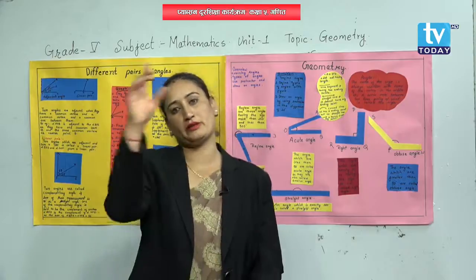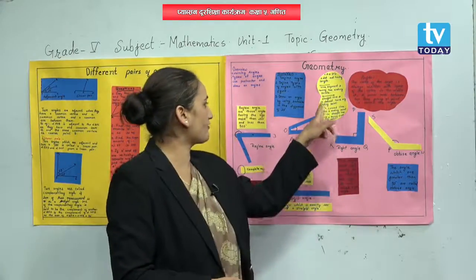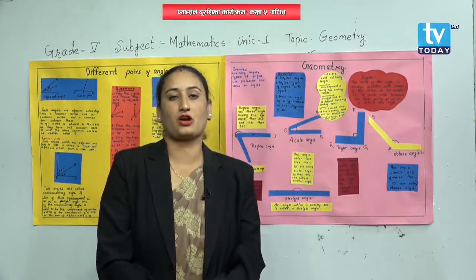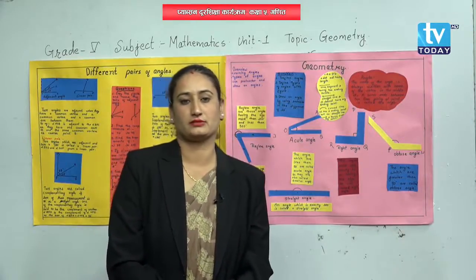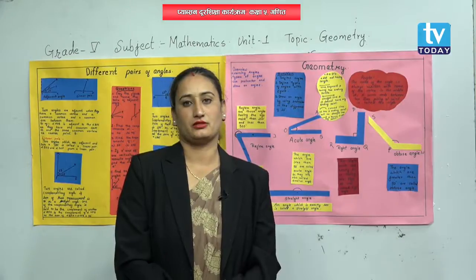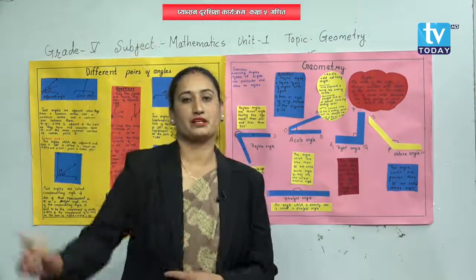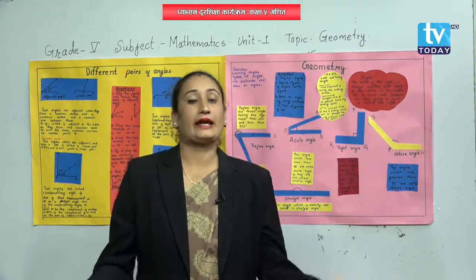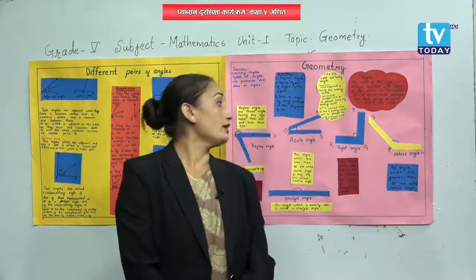It may be round, just like I have drawn in my figure. A half circle. You can see it. It's a curved way. It's a curved line, but it has two ending points.